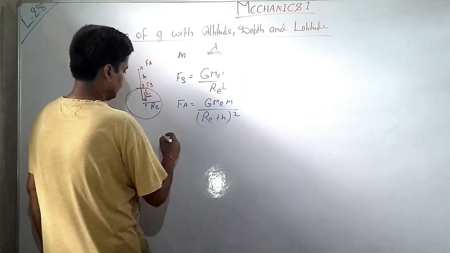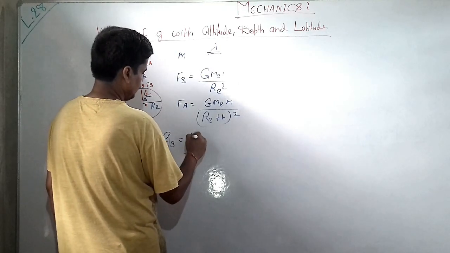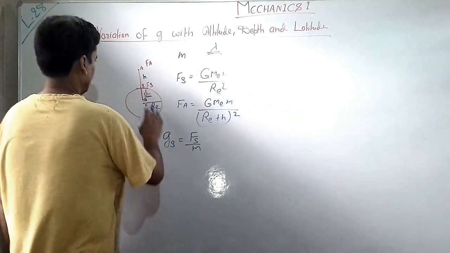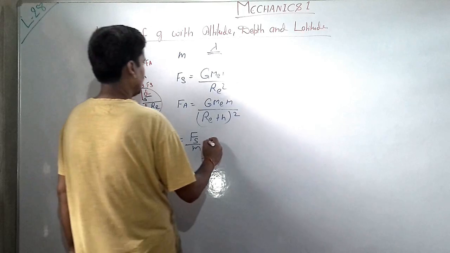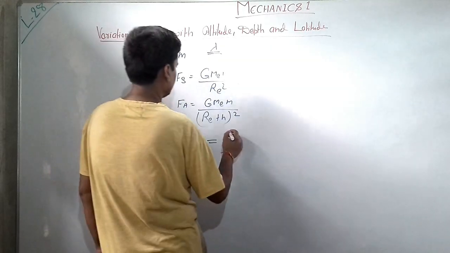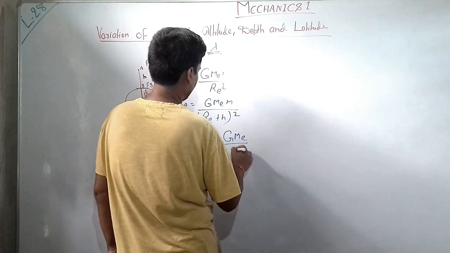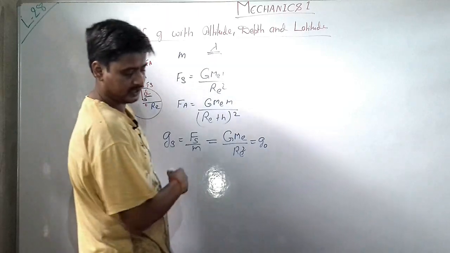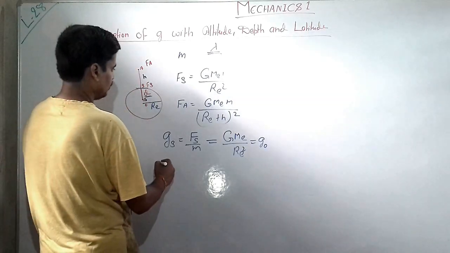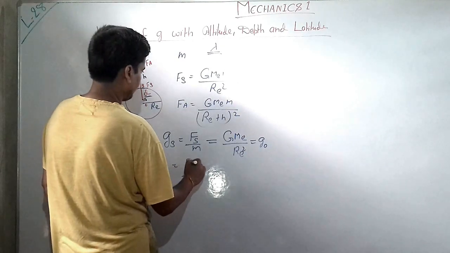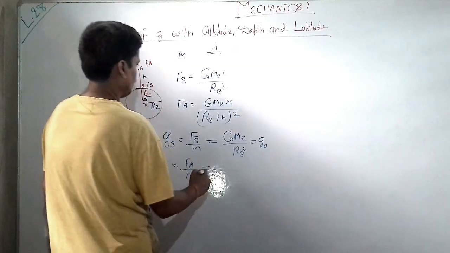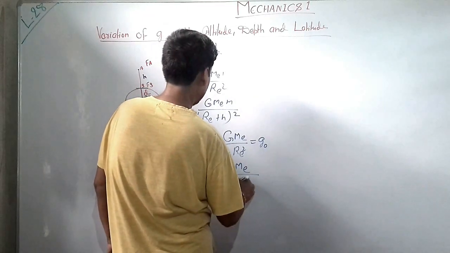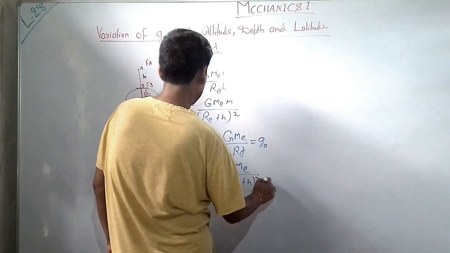Now we know that gravitational acceleration Gs is equal to Fs divided by m. This is the gravitational acceleration at the earth surface, and it is simply G m_E divided by R_e square. It means it is g naught, which is 9.8 meter per second square. Now also Ga is Fa divided by m, which is G m_E divided by (R_e plus h) square.